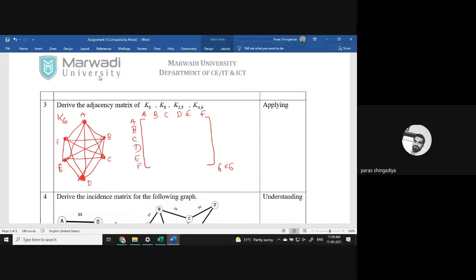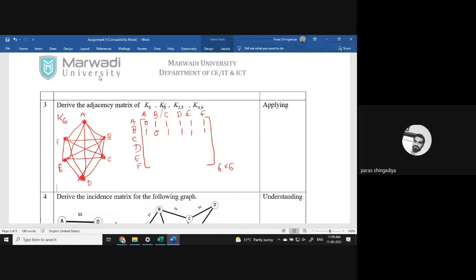In each complete graph, for any complete graph, the matrix will be fixed. Diagonal will be 0 and the rest of all the entries will be 1.